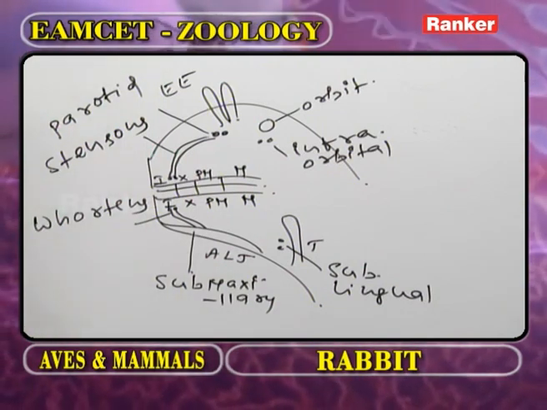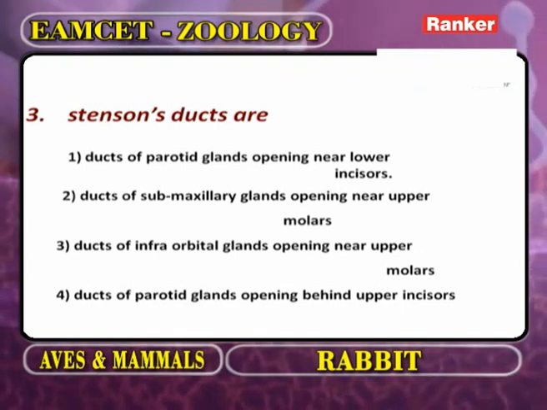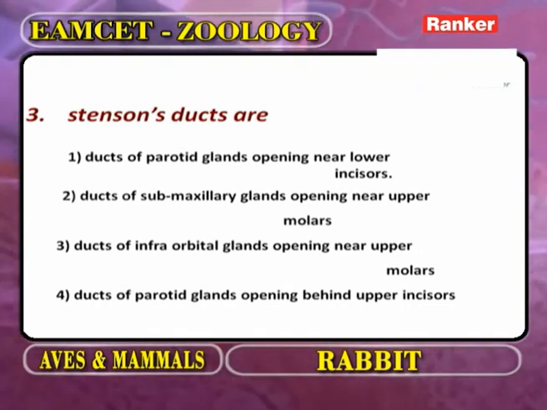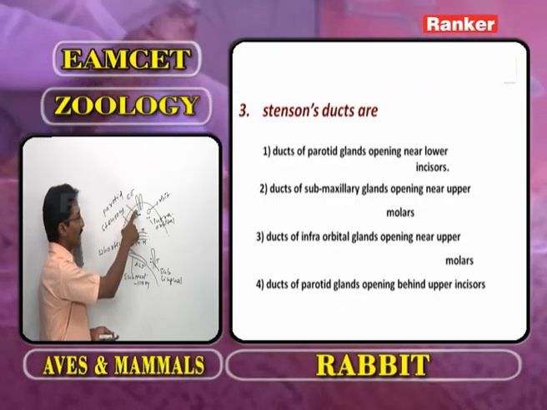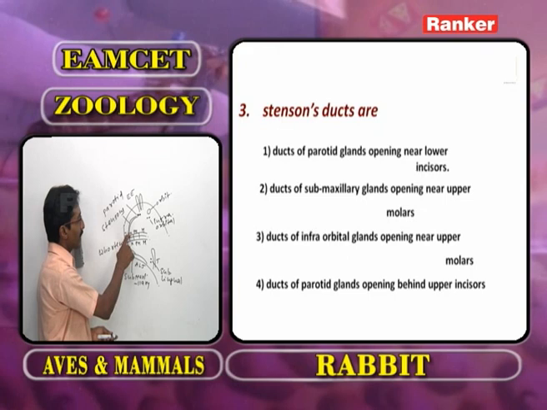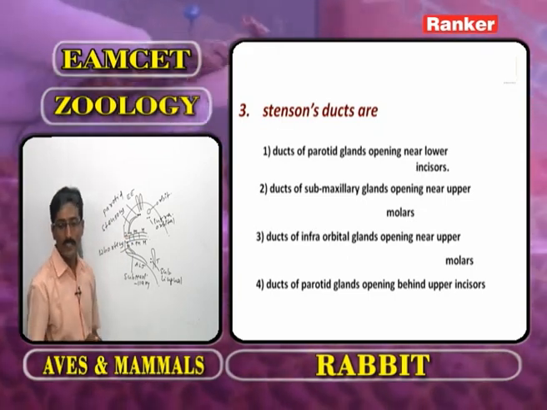Now based on this information, the parotid glands at the base of external ears open behind upper incisors with the help of Stensen's duct.